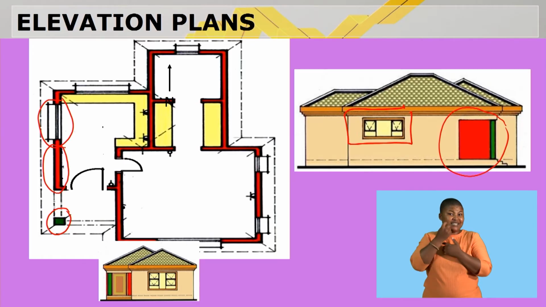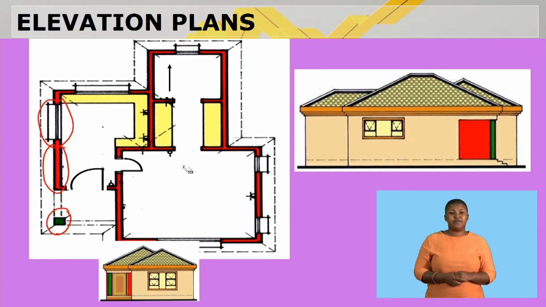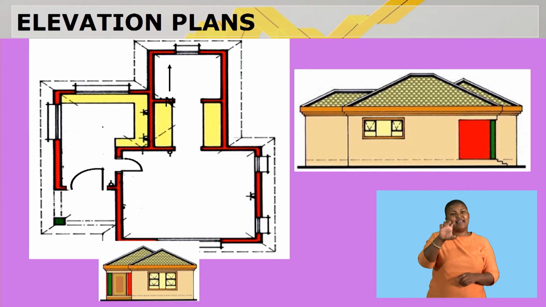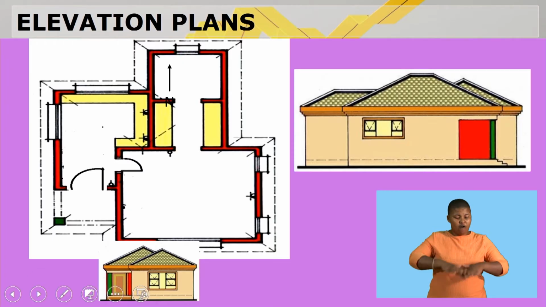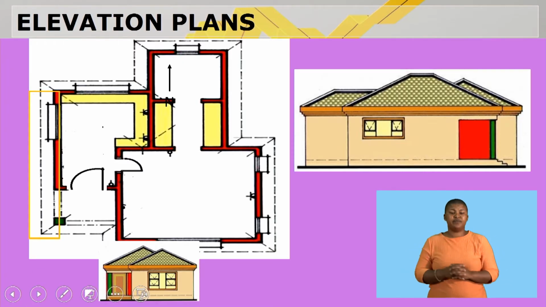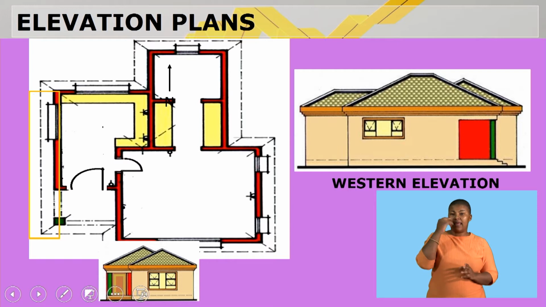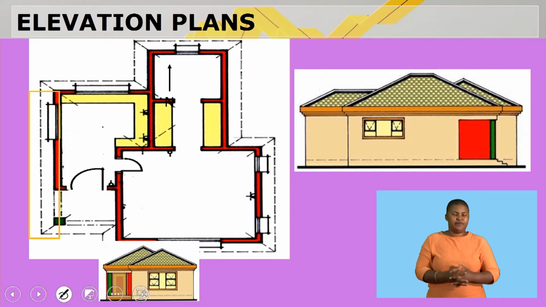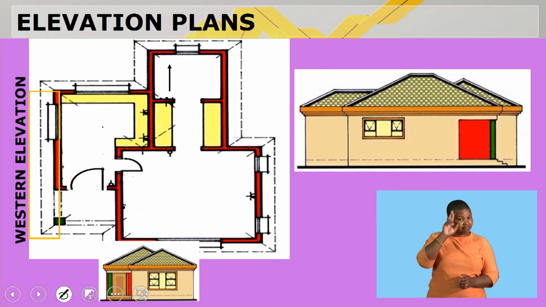So, this will be an elevation of the floor plan or the house. It's over there, and it's called the western elevation. And then that is what it's going to look like. That is then the western elevation.